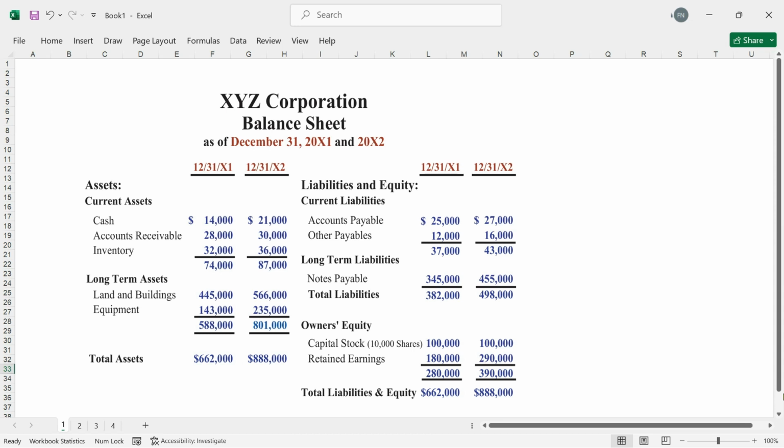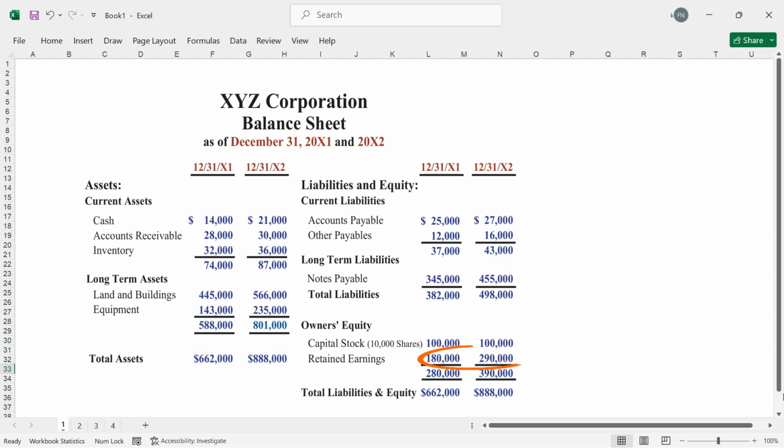The remaining explanation of the financing for this particular company comes by comparing the balances under the owner's equity section of the balance sheet. Again, we see that contributed capital or capital stock has not increased, but we do see that retained earnings has increased from a balance of $180,000 at the end of X1 to $290,000 at the end of the current year, 20X2.